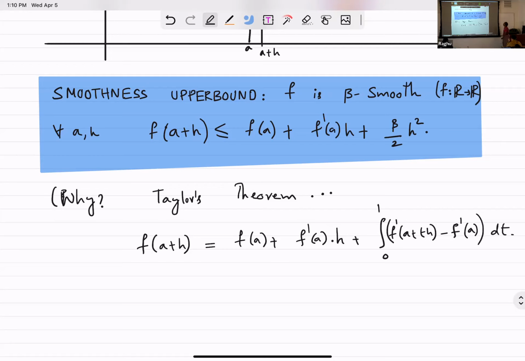Calculus 101, Taylor's theorem tells you that every function, you can expand it out based on the first derivative, and then how the first derivative changes. Because of smoothness, you can bound this difference, and that gives you the upper bound. Basically this is less than or equal to beta times t times h.